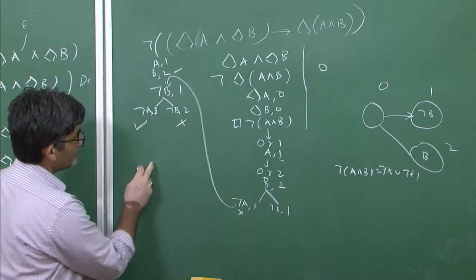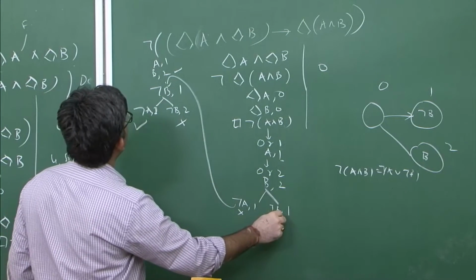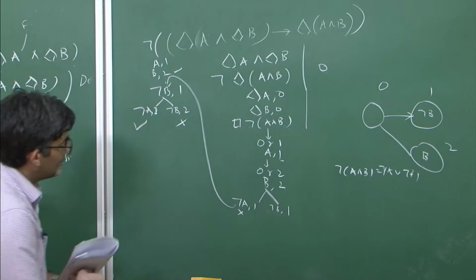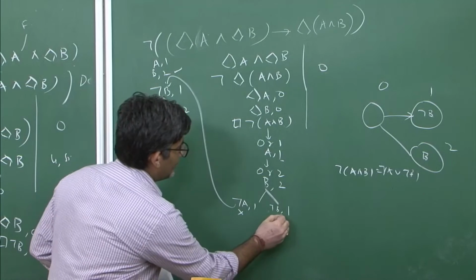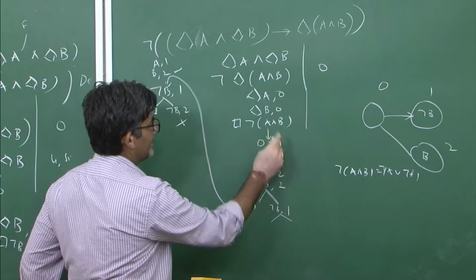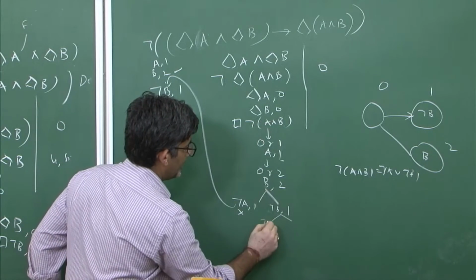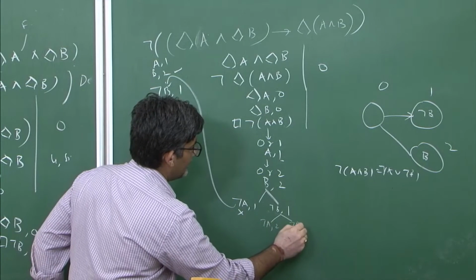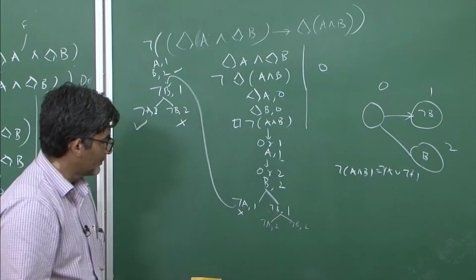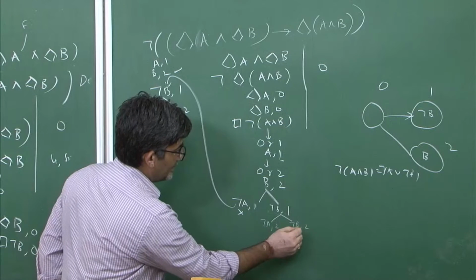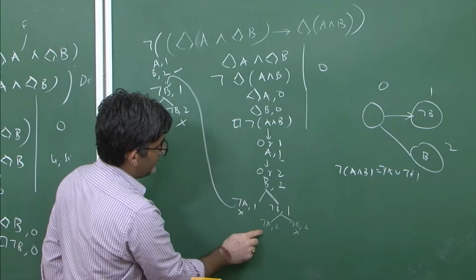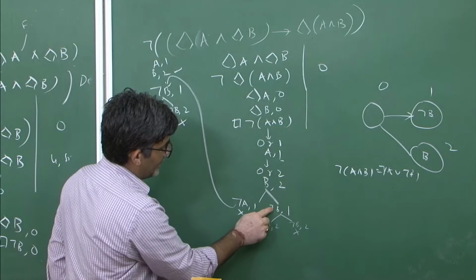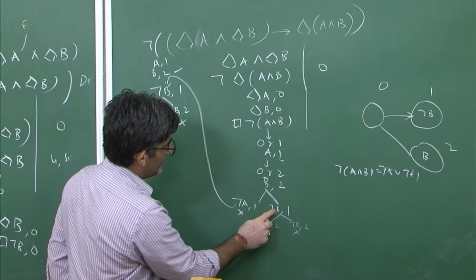Now if you apply the second rule here, it will become not a is true in a world 2, not b is true in a world 2. So b2 and not b2, this closes, and then this remains open: not a1, not b1.